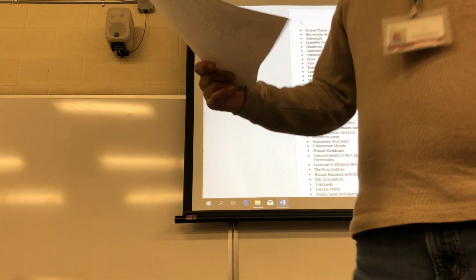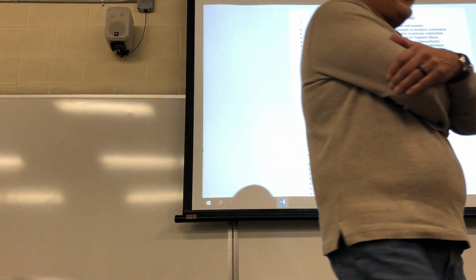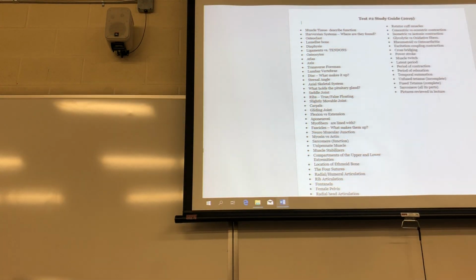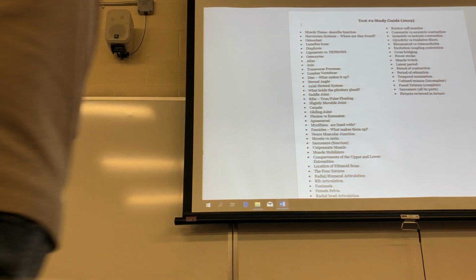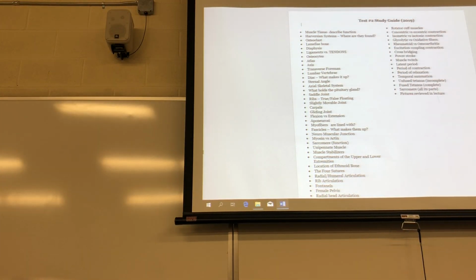All right, what is an osteocyte's function? Maintenance, good. So it maintains the bone. What is its lineage? Where did it come from?